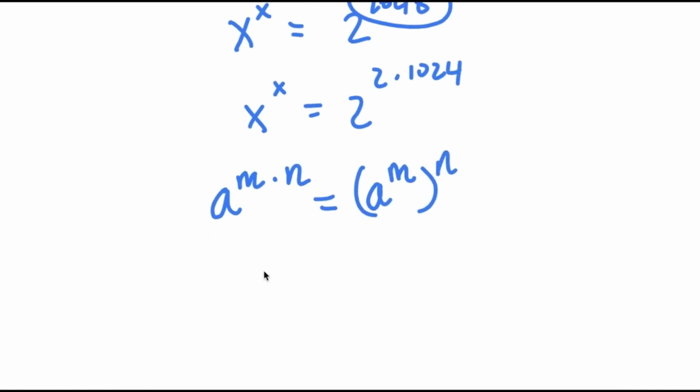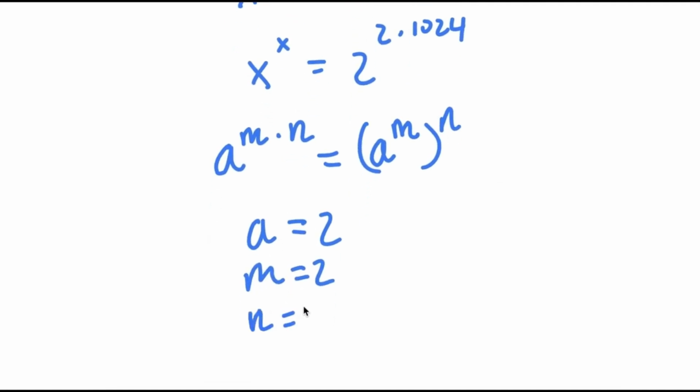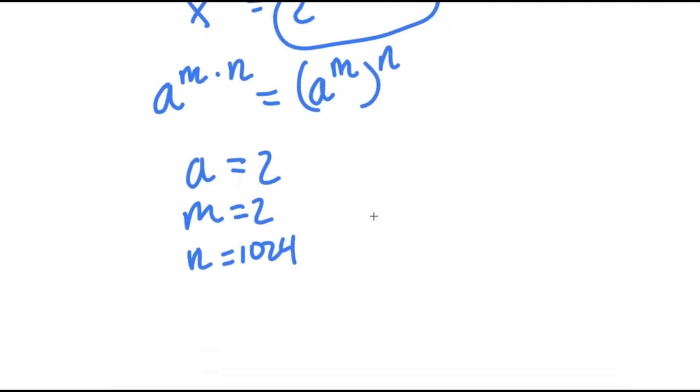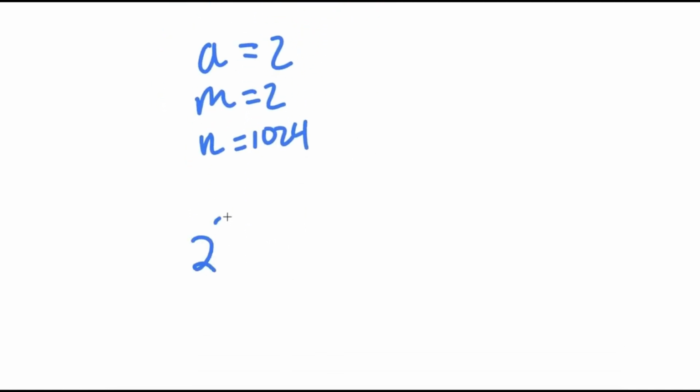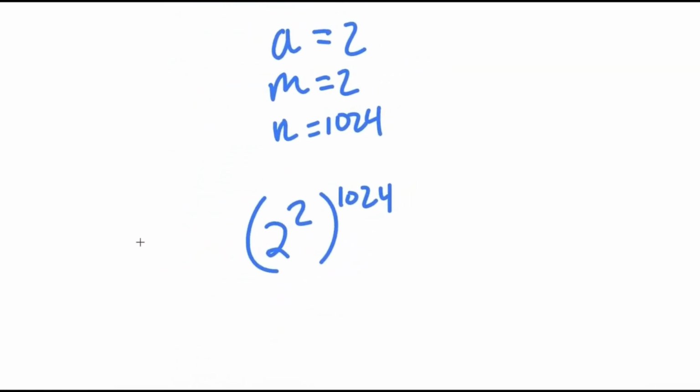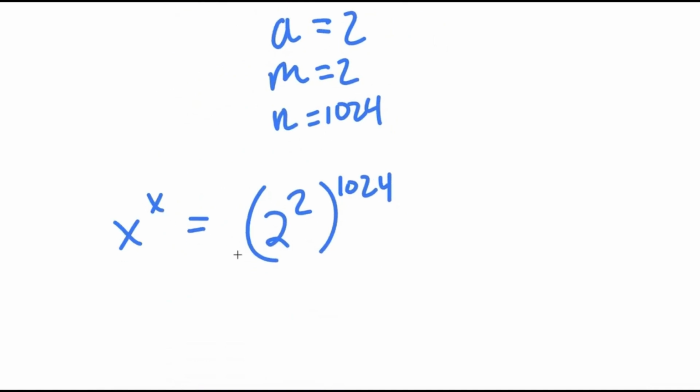So in this case, a is 2, m is 2, and n is 1024. So if I rewrite this in this form, I get 2 to the power of 2 to the power of 1024. And remember, this is equal to x to the power of x.